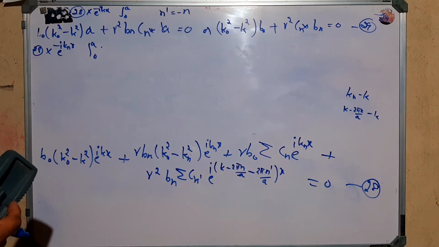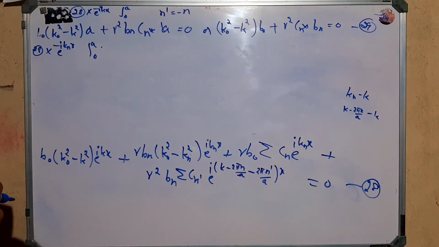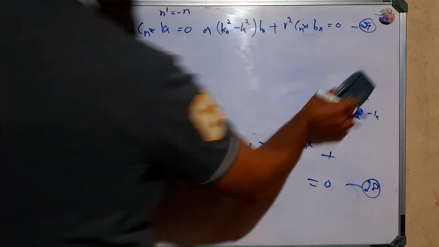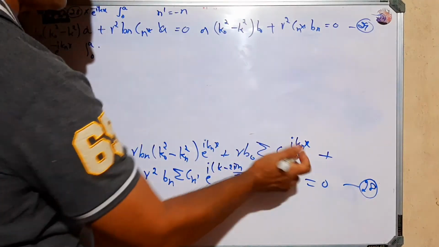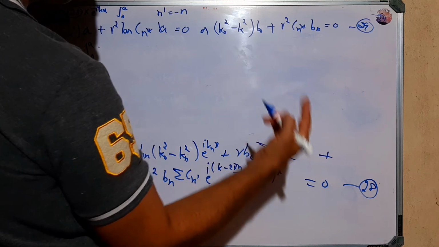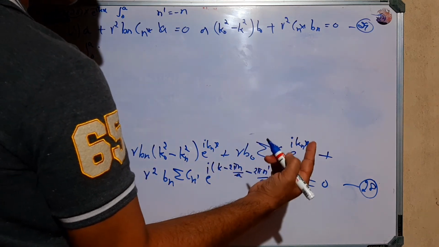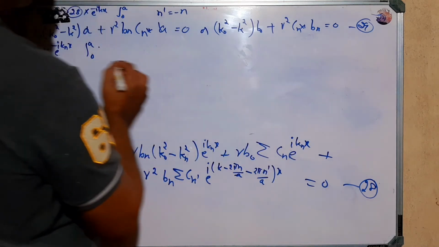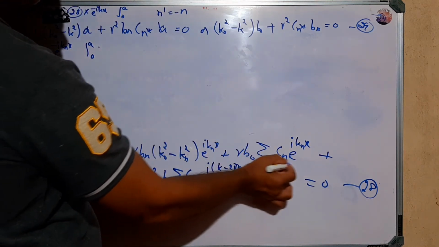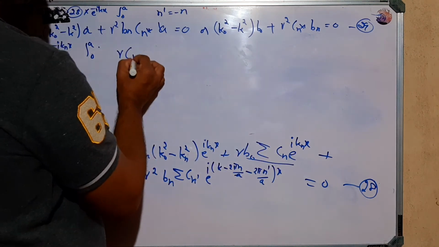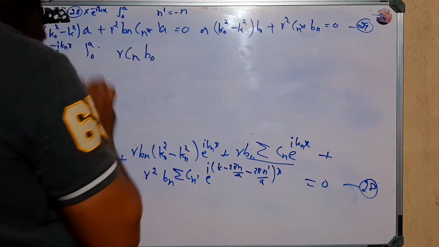Here what happens when you are considering this? You are multiplying with e to the power iknx. Therefore e to the power 0 is 1. Its integration of dx is x, upper limit is a, lower limit is 0. So considering the third term, gamma into cn into b naught.